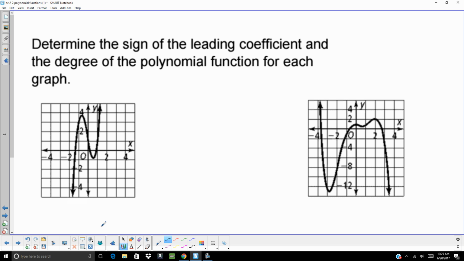So here we want to determine the sign of the leading coefficient and the degree of the polynomial. Well, you can find the degree because it's going to be plus 1 of the turning points. So you add 1.